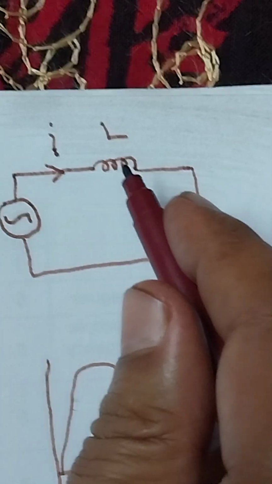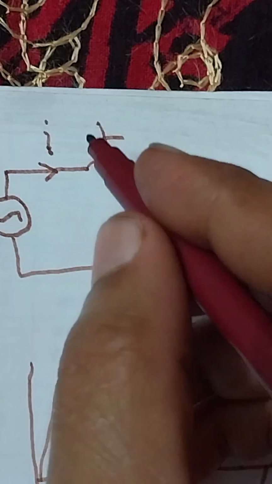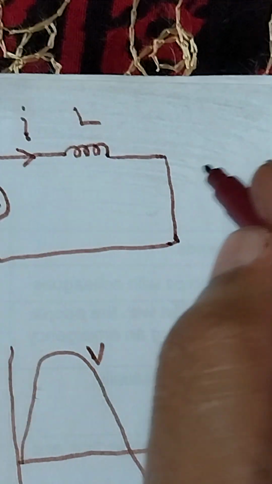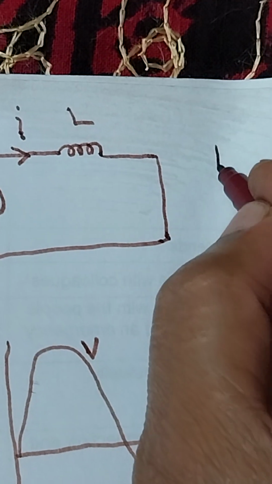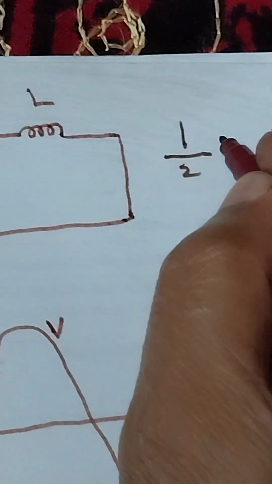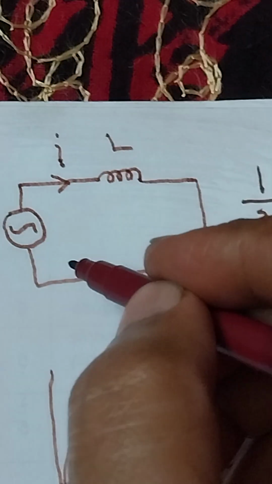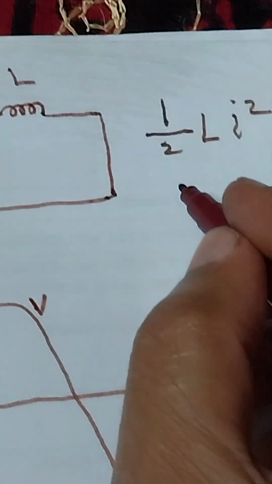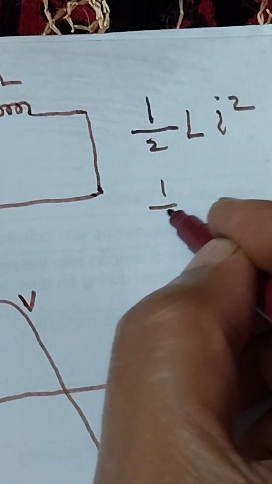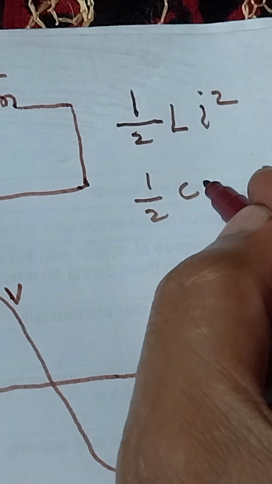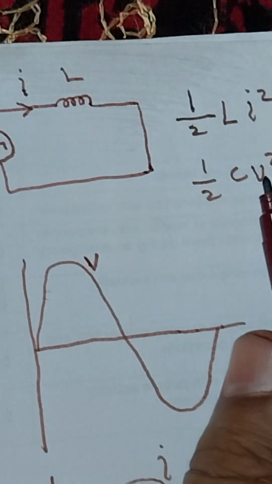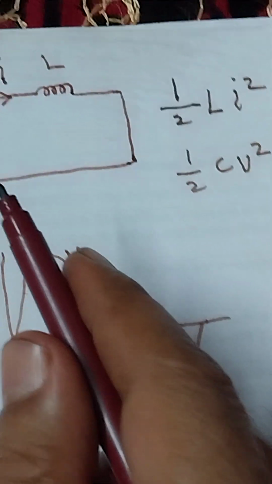That is in inductance. If this is L and this is I, the energy is half L I square. Had it been a capacitor, it would have been half C V square, where C is the capacitance in farad and V is the voltage of the circuit.